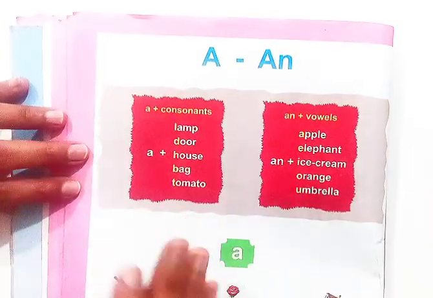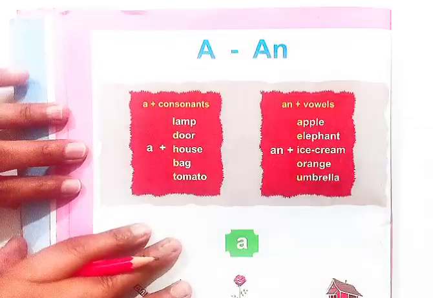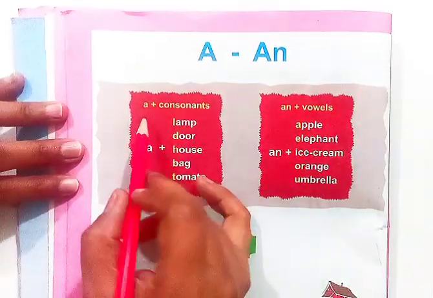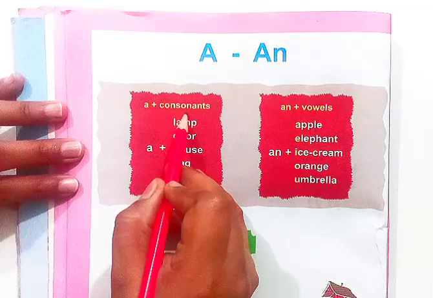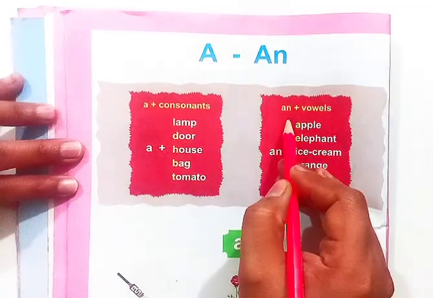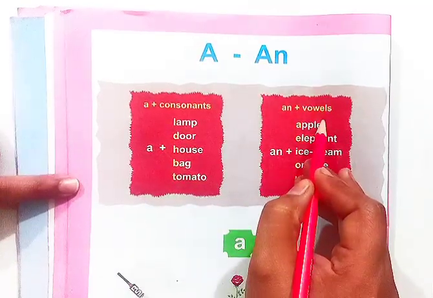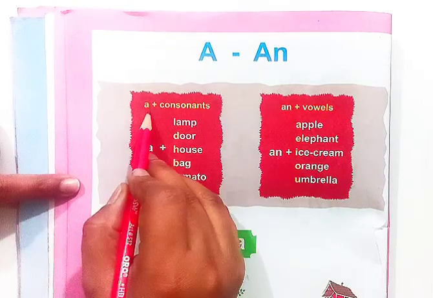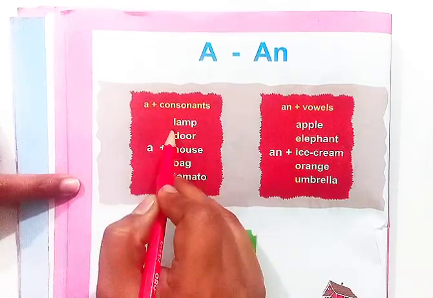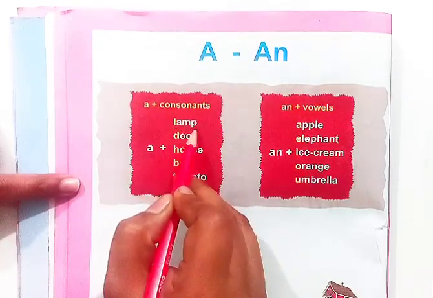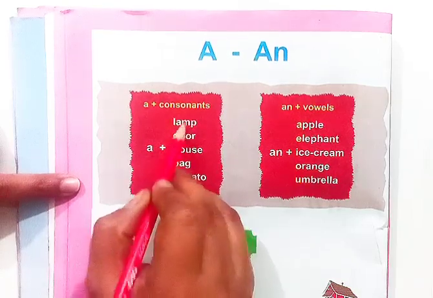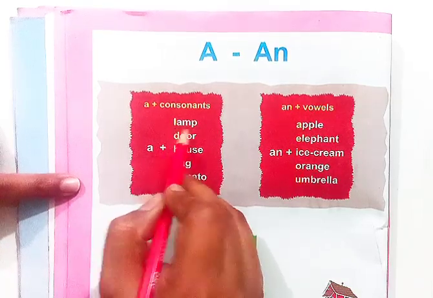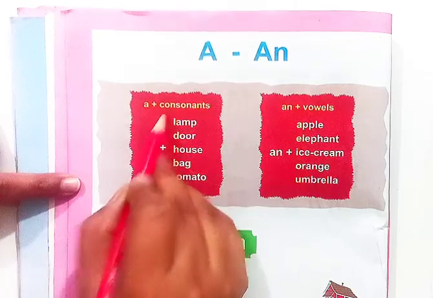Now I have other examples where A is for consonants and AN is for vowels. Which word is this? L-A-M-P, lamp. The first letter of lamp is L. L is a consonant.